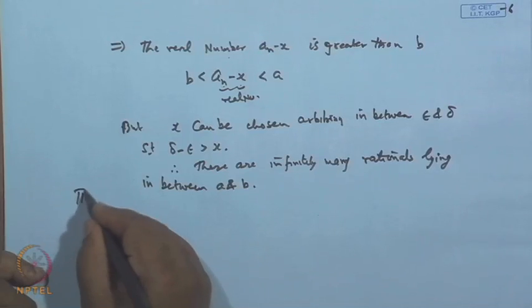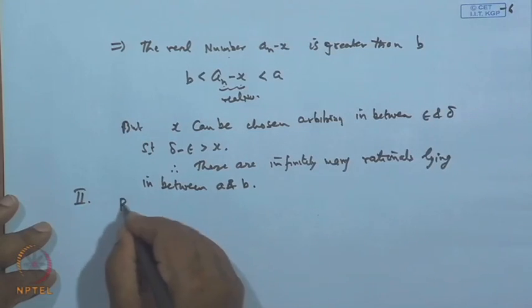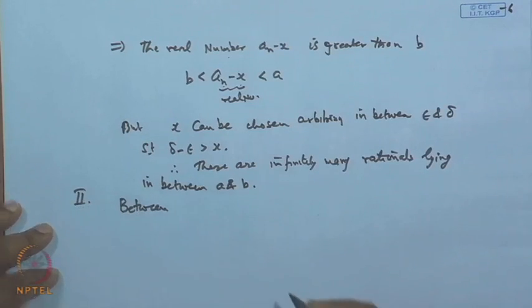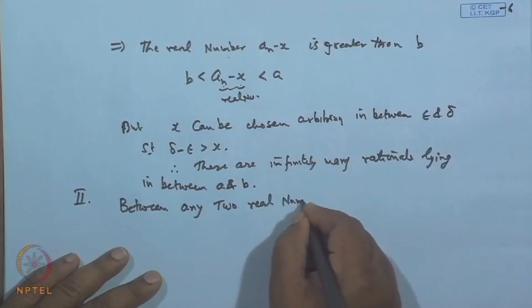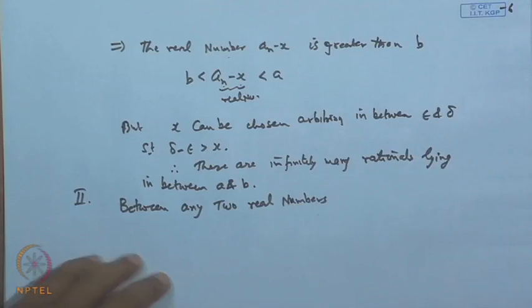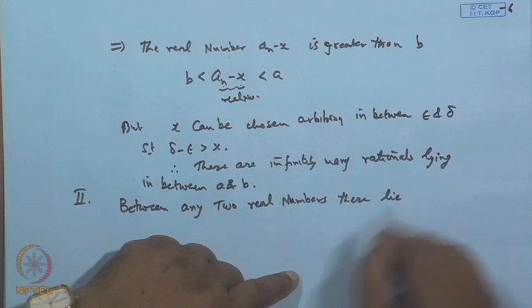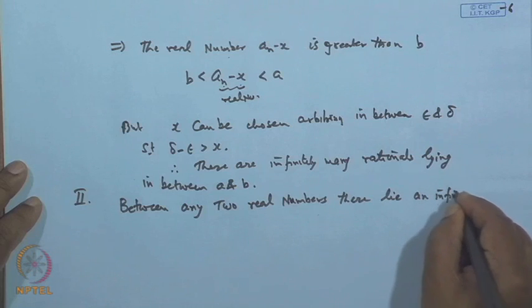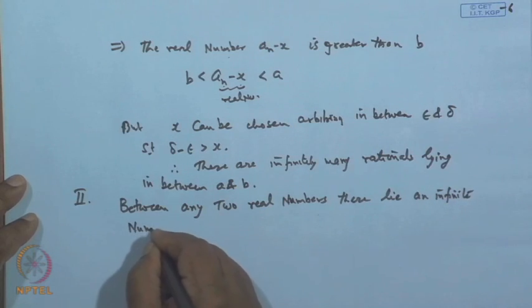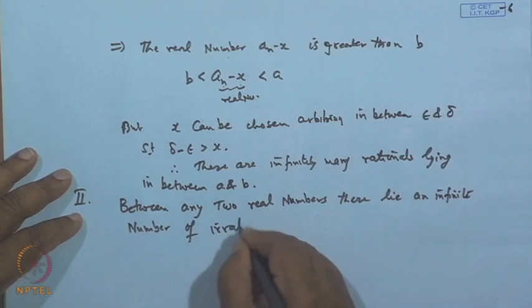The second property is that in between any two real numbers, there lie an infinite number of irrational numbers.